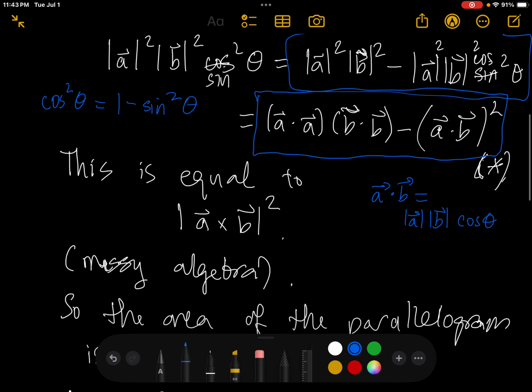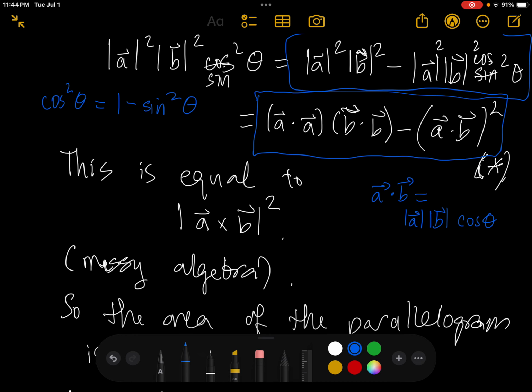Now it turns out that that's equal to what you get if you take the cross product of A and B, so A cross B, and then you take the magnitude and you square it. I'm not going to write out the details of this. It's kind of messy algebra, but it's not that hard.